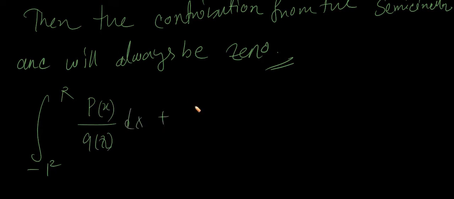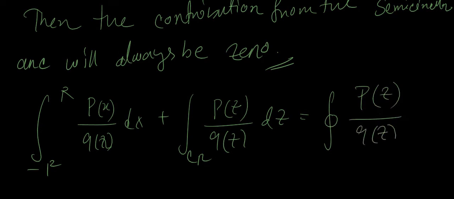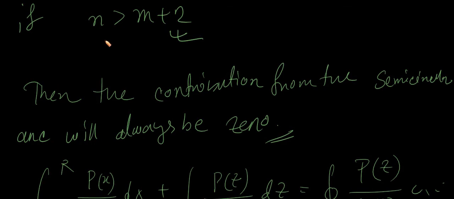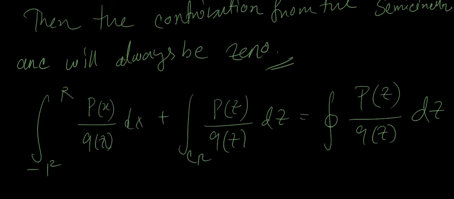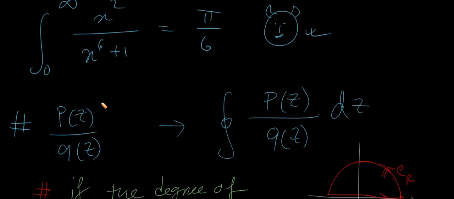So this is our C_R, the part coming from the semicircular arc of p(z)/q(z) dz. If this condition is true, where n is the degree of q and m is the degree of p, then the theorem says that this part will always be 0 when r goes to infinity, because that's what we do to get the minus infinity to plus infinity integrals.